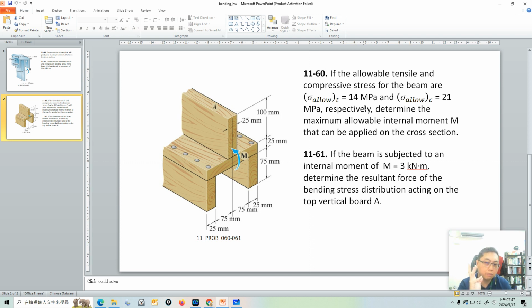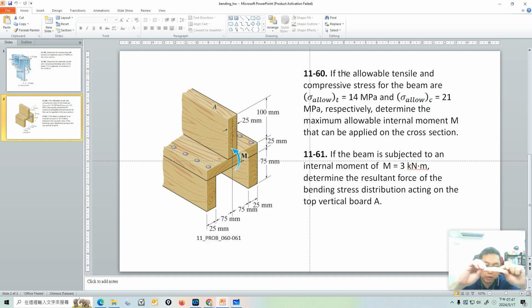When you have an internal moment in your beam, the beam curves. Maybe I need to do some demonstration. If the beam is curved up, the upper section is in compression and the bottom surface is in tension.